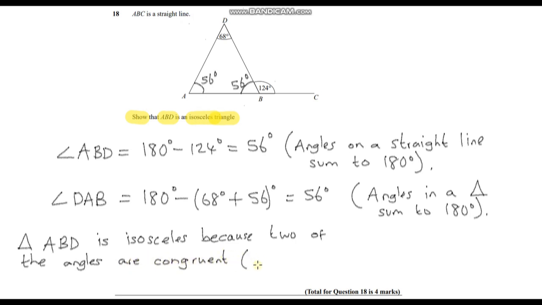Congruent, just put in brackets, the same. So we've got our two angles, our two reasons, and then a concluding statement to show that this triangle is isosceles because these two angles are the same.